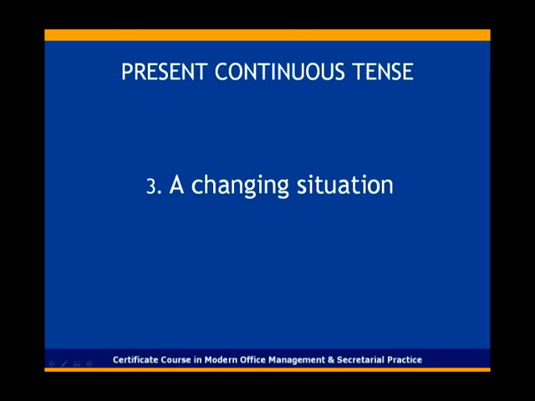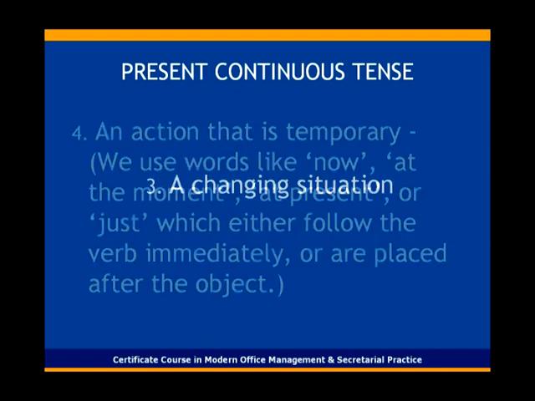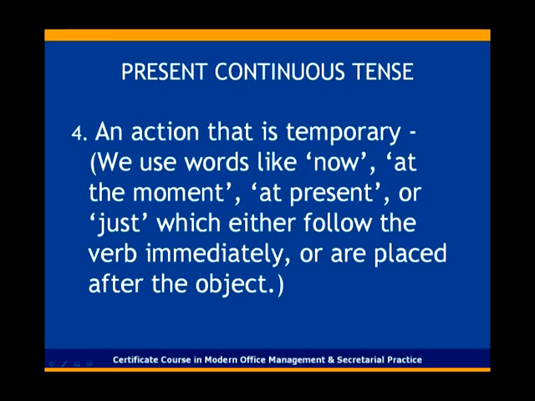It also talks about an action that is temporary. Here we use words like now, at the moment, at present, or just, which either follow the verb immediately or are placed after the object.